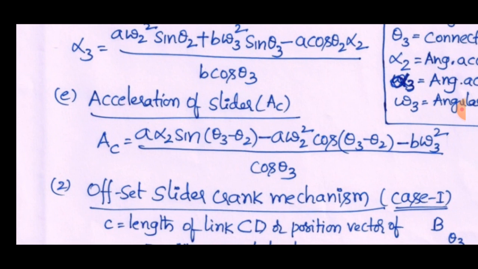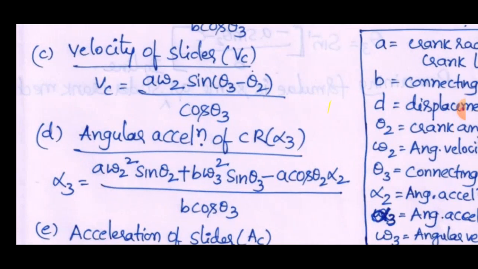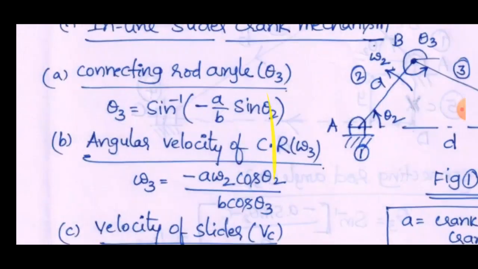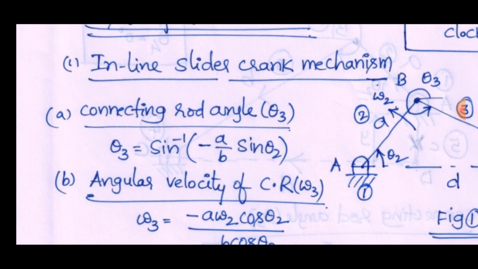So these are the 5 formulas which you have to remember in order to solve problems on the inline slider crank mechanism. First point, anti-clockwise is positive, clockwise is negative.